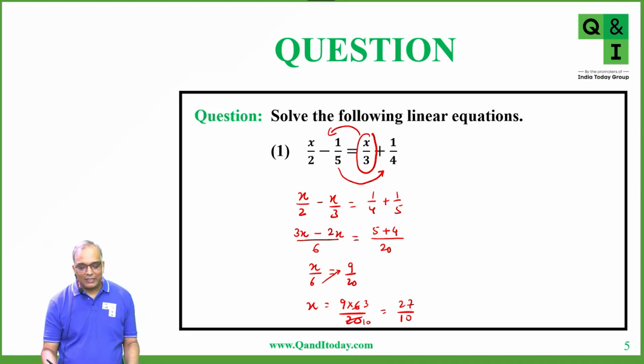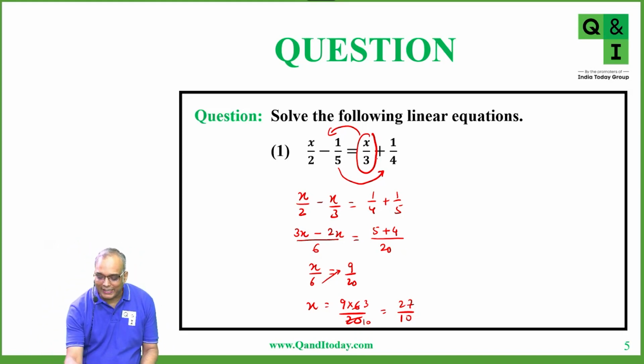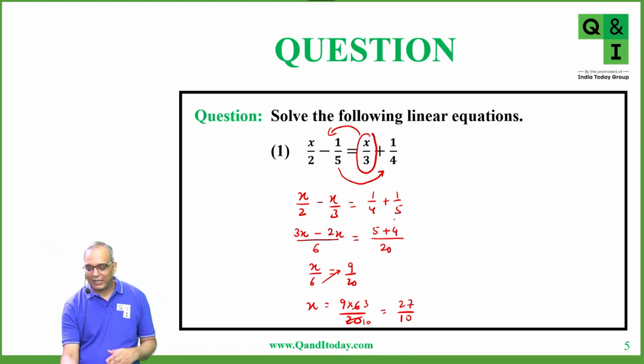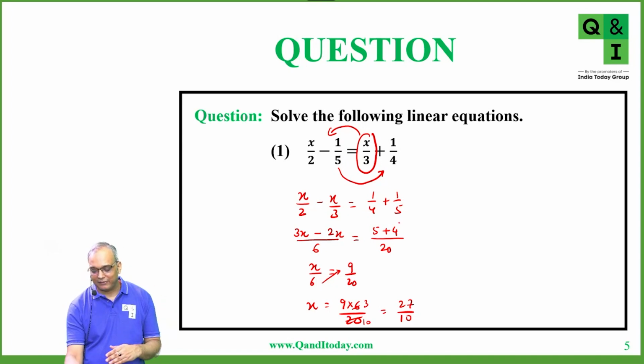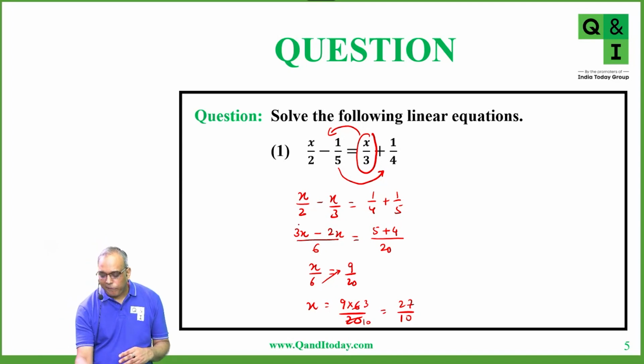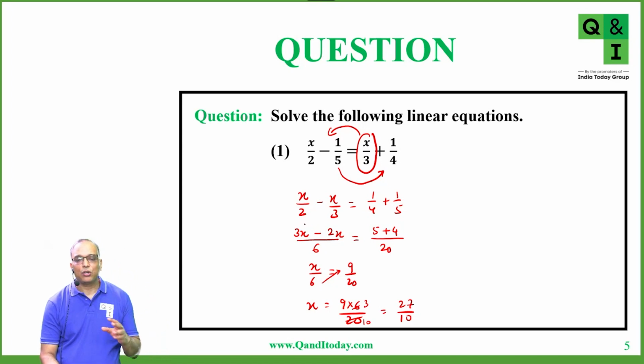So what we did first was we brought x by 3 to the left side. So because it was plus x by 3, it became minus x by 3. And minus 1 by 5, when it was brought from the left side to the right side, it became plus 1 by 5. The sign changes when we transpose. Now, because x by 2 and x by 3 have different denominators, we cannot add them directly.